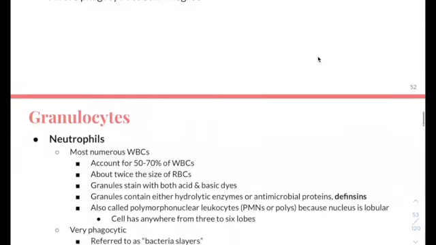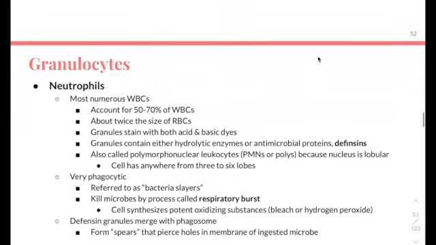So neutrophils, again, they're 50 to 70% of the white blood cells. They're twice as big as those red blood cells. And the stains are both acidic and basic because the different dyes they use are an acidic dye and then a basic dye to get the colors.